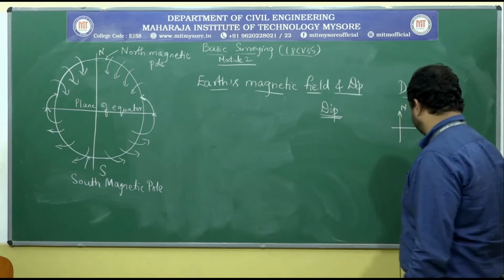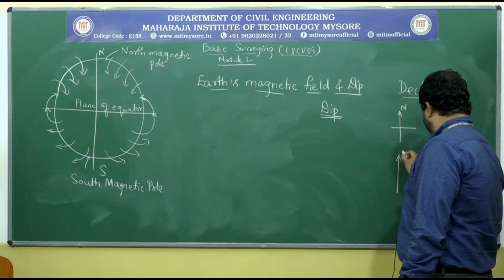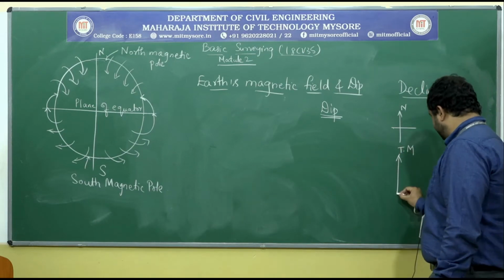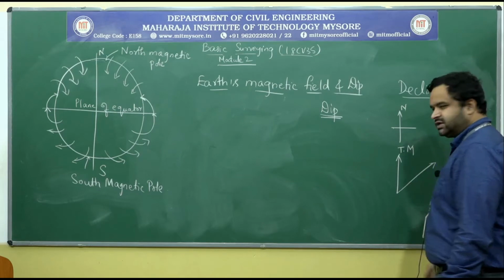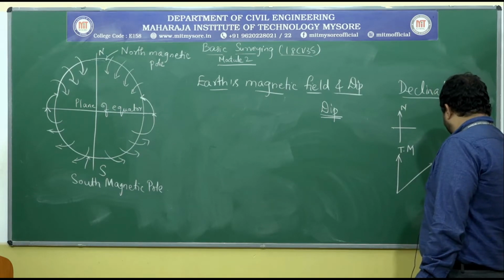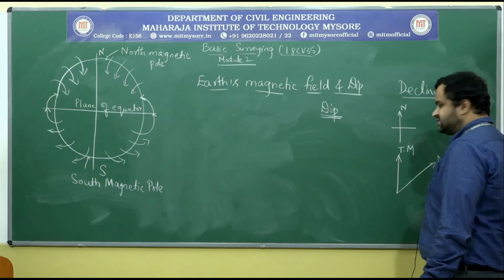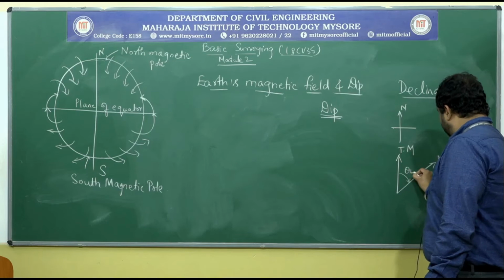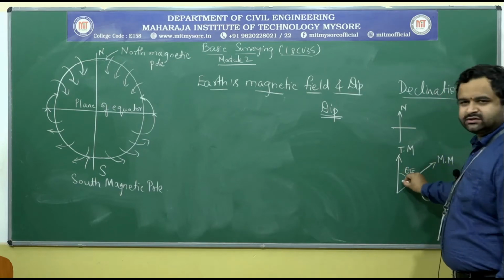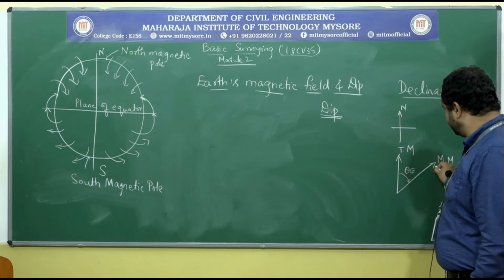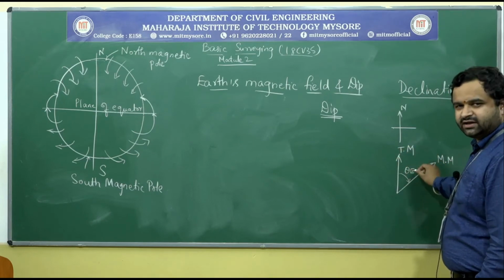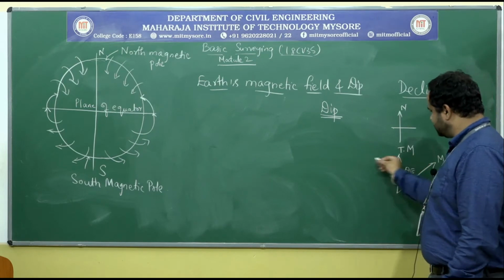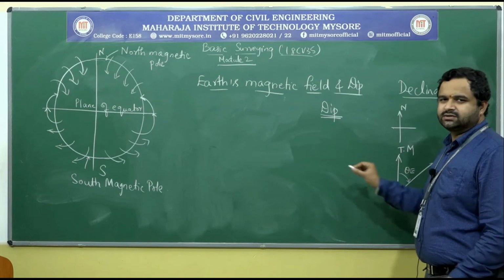If I draw a figure, this is the true meridian, and let us take the magnetic meridian towards the east. This angle is the angle made between the true meridian and the magnetic meridian. If the declination is towards east, it is called declination east. If the declination is towards west, it is called declination west.